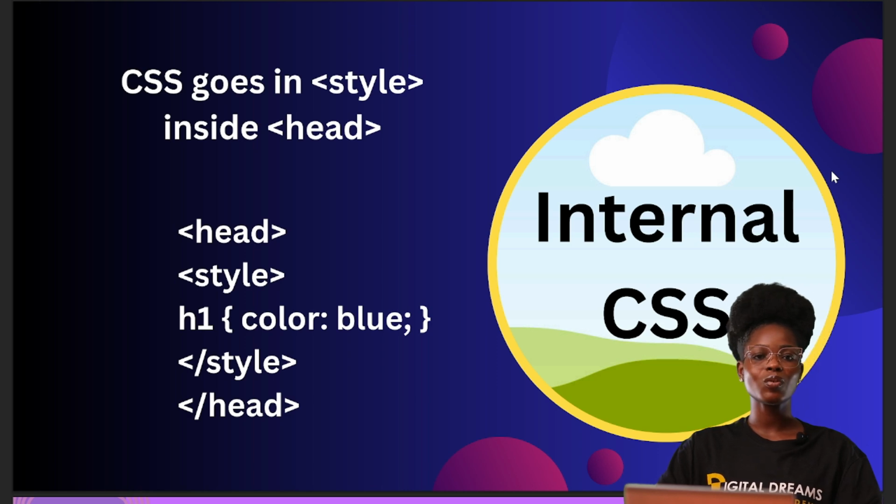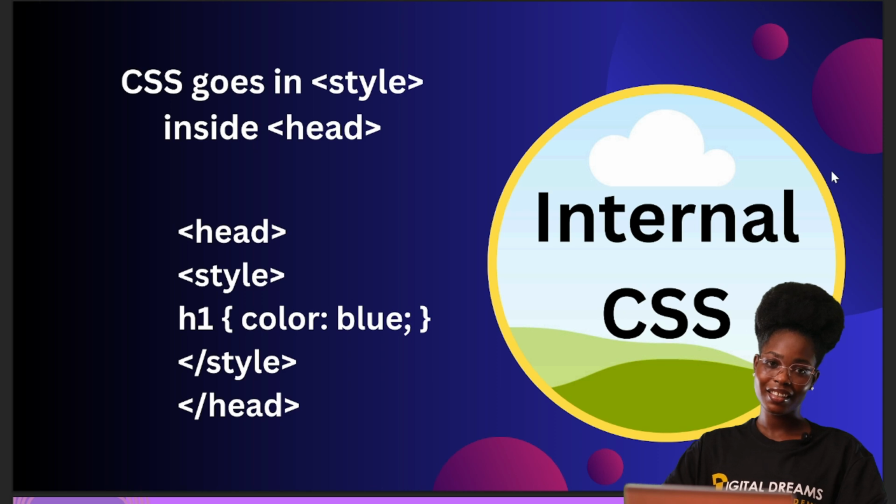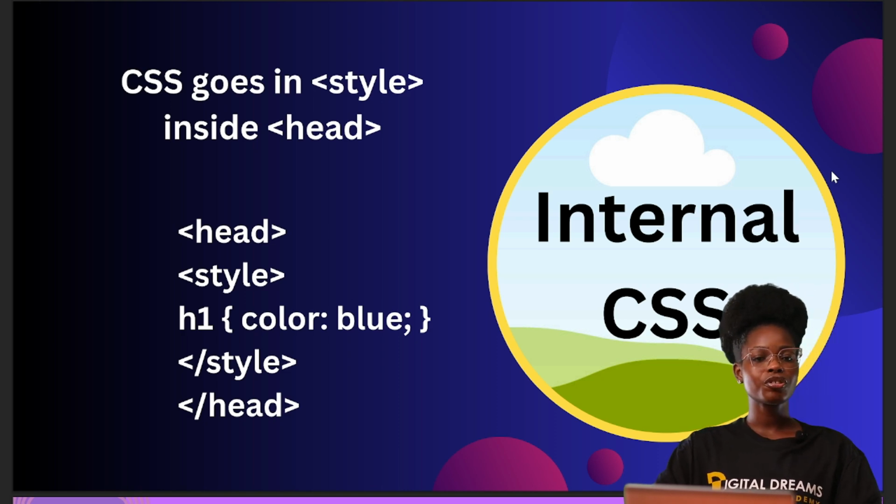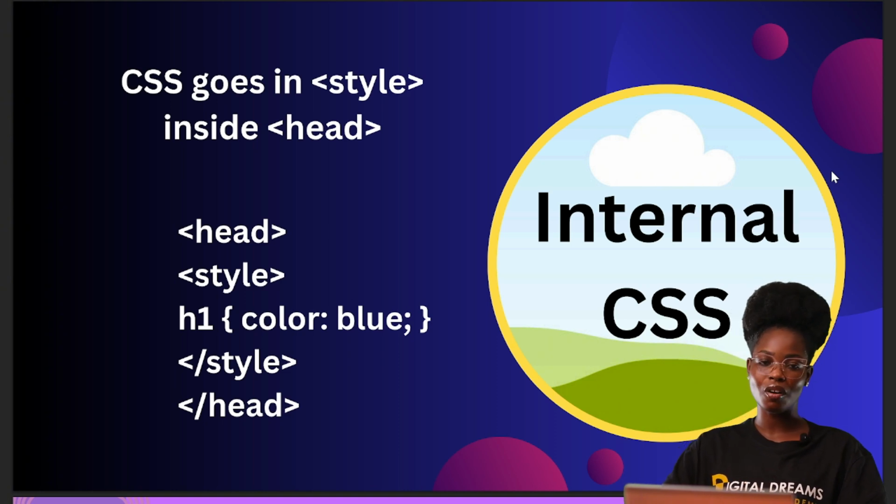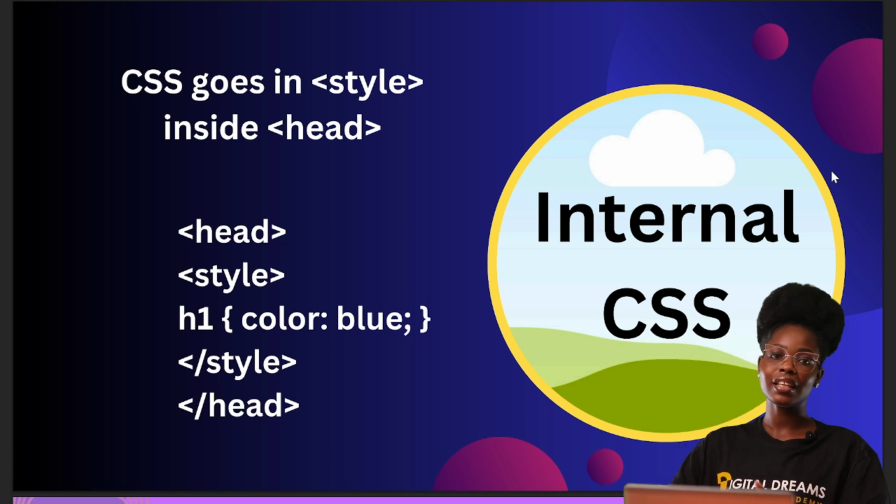So the next one is the internal CSS. Okay, this is now a different type of styling. Now, how do you do this one? I taught you what the head tag is, right? And the structure of the HTML. Yes, I taught you that. That's where your links go.